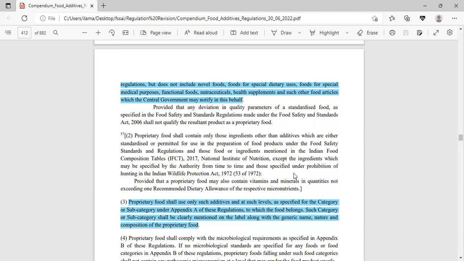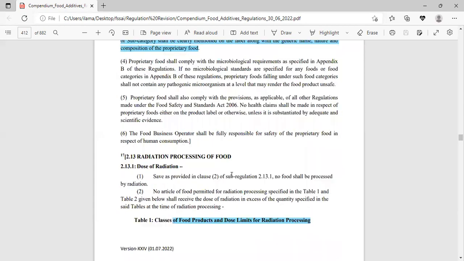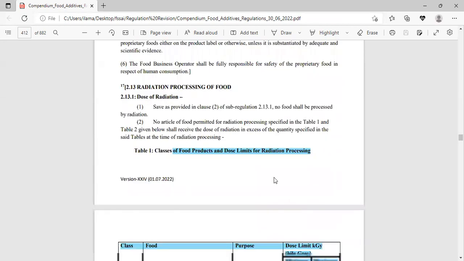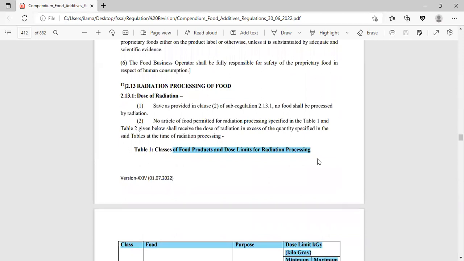This proprietary food has to have its values from the Indian Food Composition Table, and it also has to have approval under the Indian Wildlife Protection Act 1972 in case you are using any animal related product.